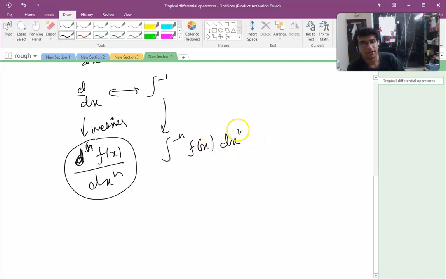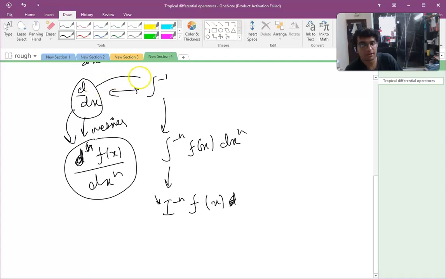So what we ended up doing is taking the integration notation as I to the power of n, the inverse of differentiation, and integration is why it's I. Now instead of thinking of the differential operator applied n times, for the sake of keeping it clean we talk about it as integration n times.